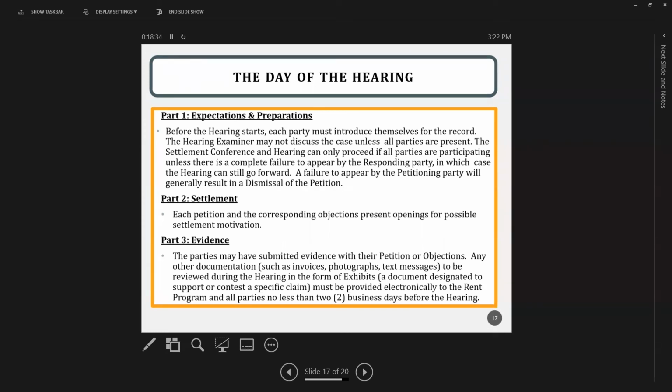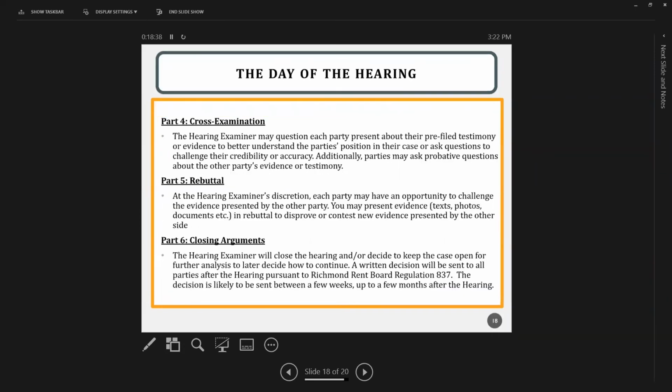The hearing examiner may question each party present about pre-filed testimony or evidence to better understand the party's position in their case, or ask to challenge their credibility or accuracy. Additionally, parties may be asked probative questions about the party's evidence or testimony.